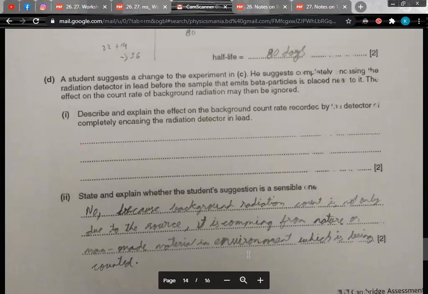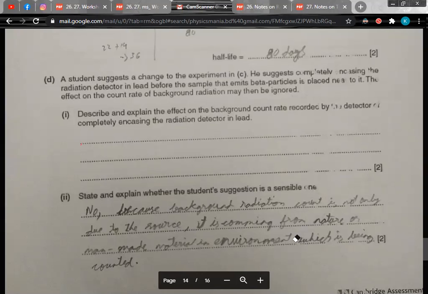As they did not mention anything, we can assume there might be some gamma which might enter, and the detector can get the count from there, right?